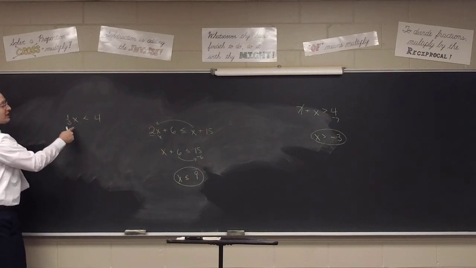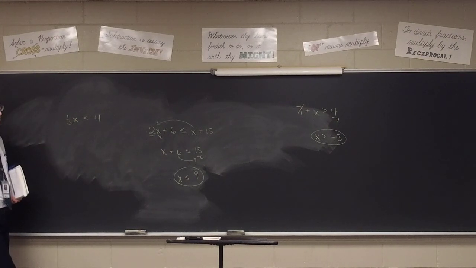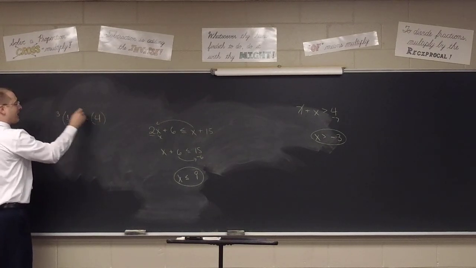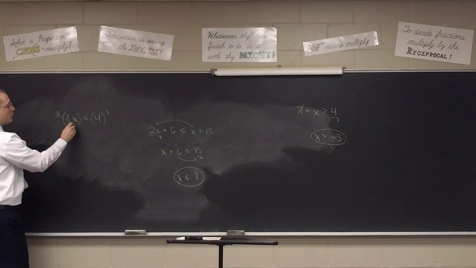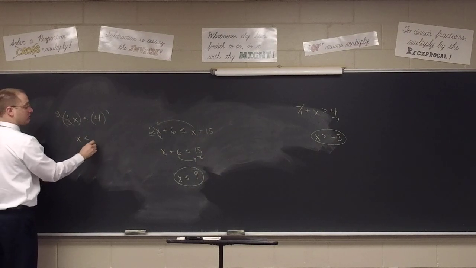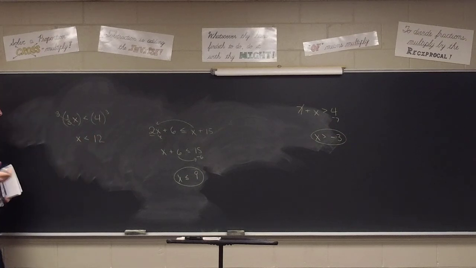Or, since it's just a single fraction times the variable, you could say multiply by the reciprocal, which is 3 anyway, right? So we'll just multiply everything here by the 3. When we do, we get is less than 12. Notice we didn't multiply by a negative. Nothing needs to flip. We treat it just like an equation.